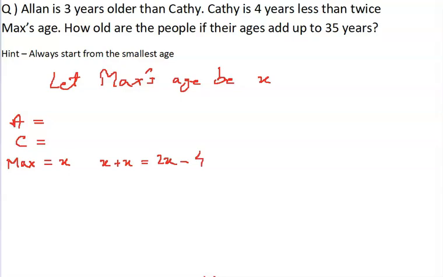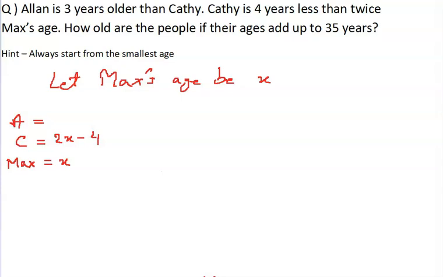Twice in this term is an addition because a linear equation does not have multiple powers. They would always deal with the power of 1 only. So it's safe to say that Kathy's age in terms of an equation would be 2x minus 4.